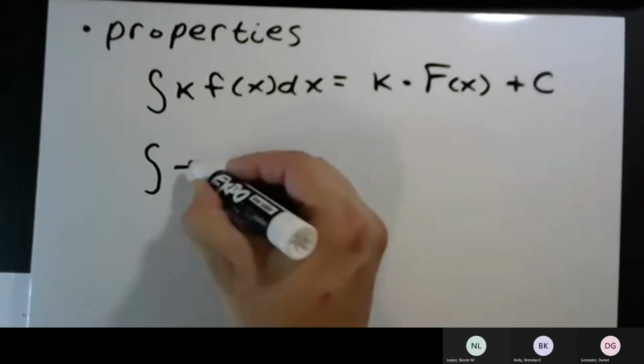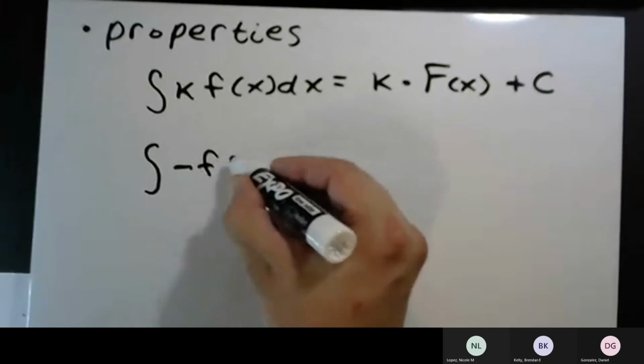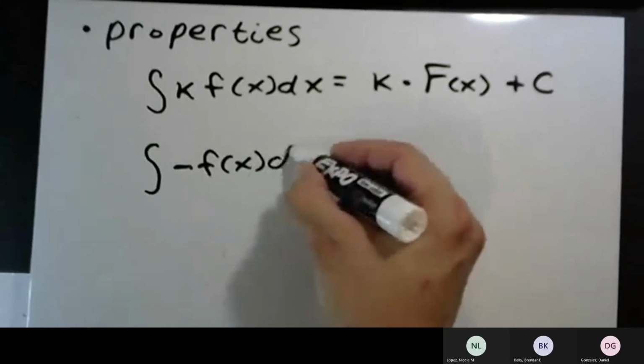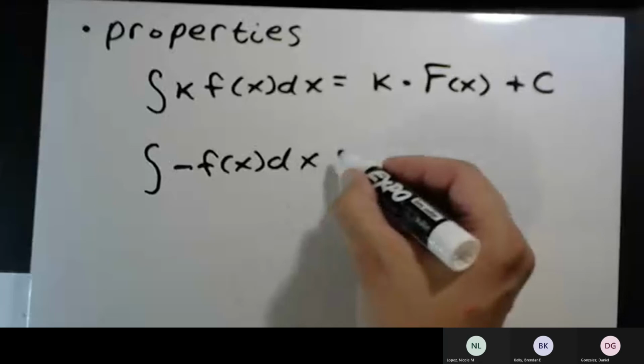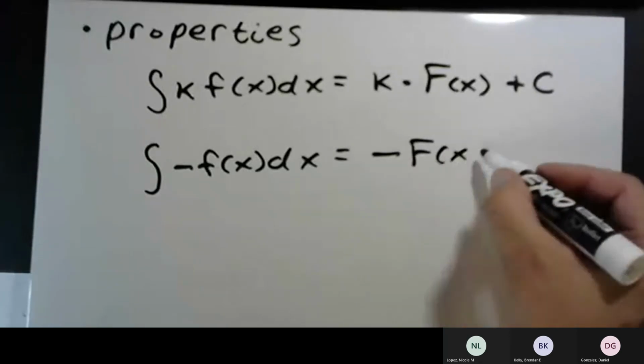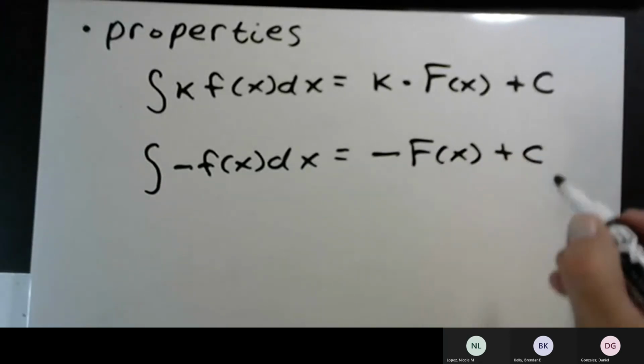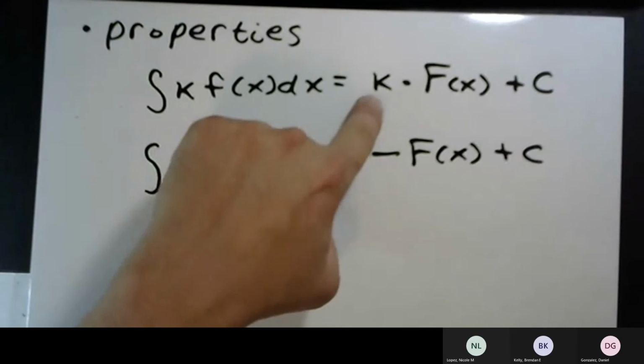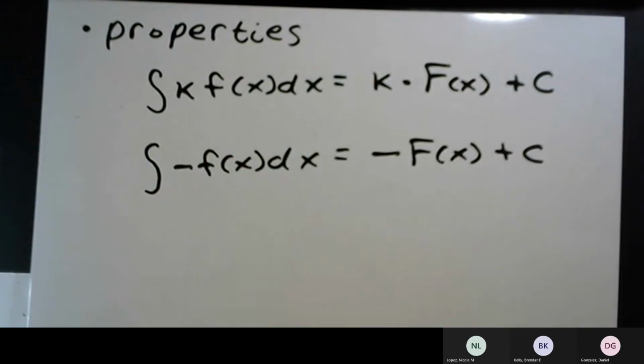The antiderivative of negative f of x will be negative antiderivative plus c. And this is a version of this where k is equal to -1.